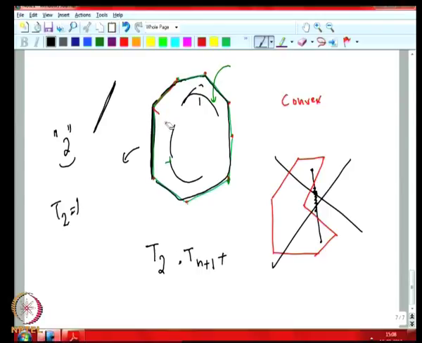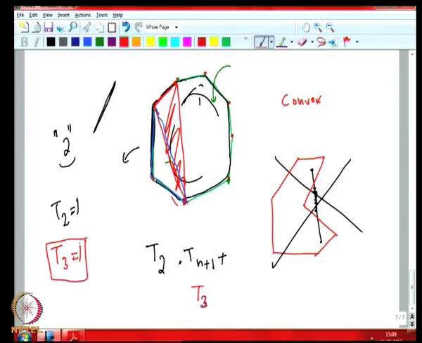Now, the next case is when you take the vertex to be here. Then it will look like this. Now here we have this triangle, which is T3, because it is a polygon with 3 sides. T3 is the number of ways to triangulate it. We know that T3 is again 1, because a given triangle can only be triangulated in one way, by keeping it just like that.